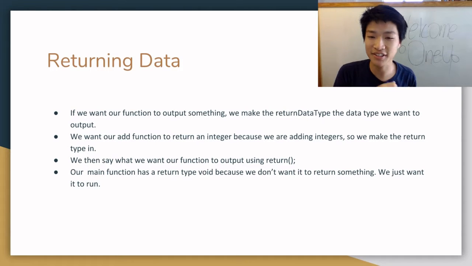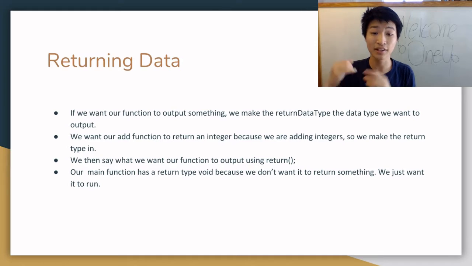This is just a review. If we want our function to spit something out, we say before the name of the function what data type we want it to spit out. Let's say we're adding two things, that means we're going to return an integer. Sometimes you might want to return a string, or a float, or a boolean.